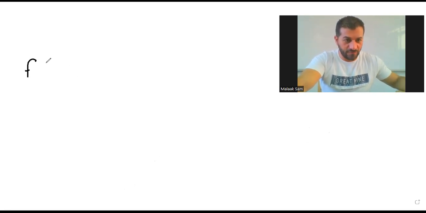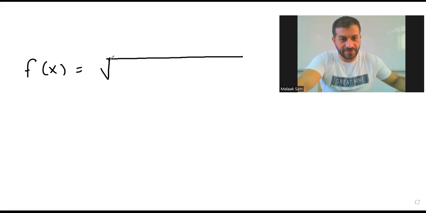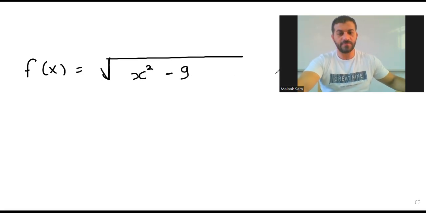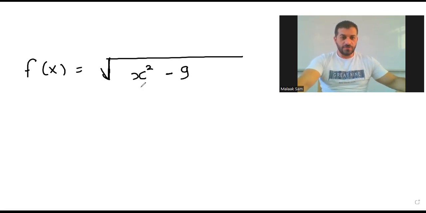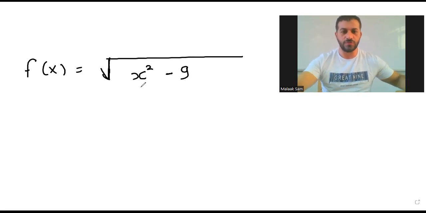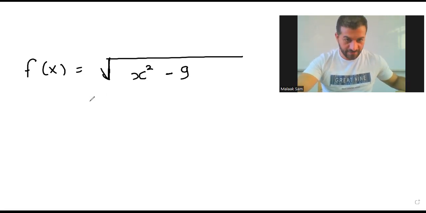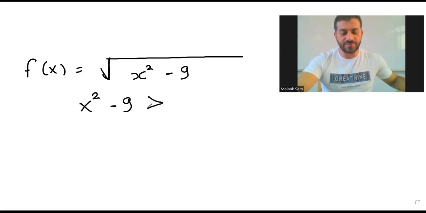What if I have f of x equals the square root, but in this question I'm going to write a quadratic equation like x squared minus 9? So we will follow the same steps as I told you. X squared minus 9 must be greater than or equal to 0.